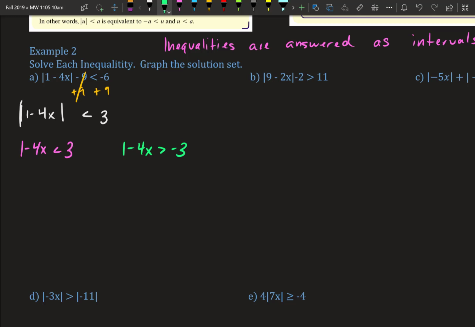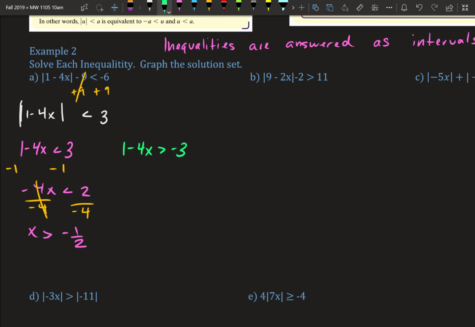So we flip everything to the right. Let's solve our left side. We're going to subtract 1 from both sides. So we're left with negative 4x is less than 2. Let's divide by negative 4. Don't forget we divided by a negative, so now we have x is greater than negative 1/2.